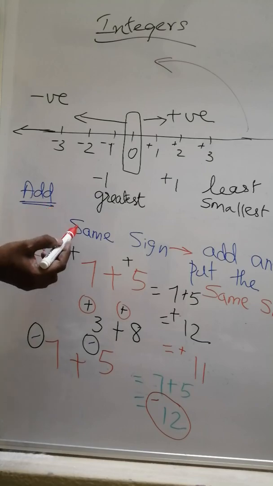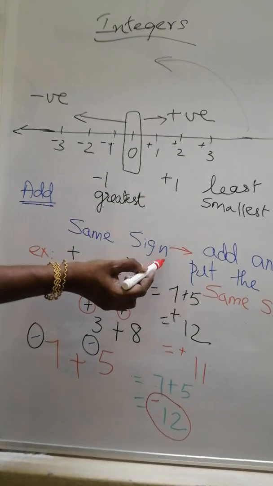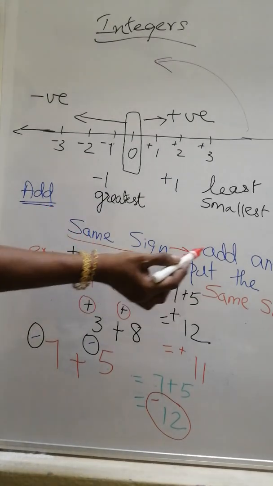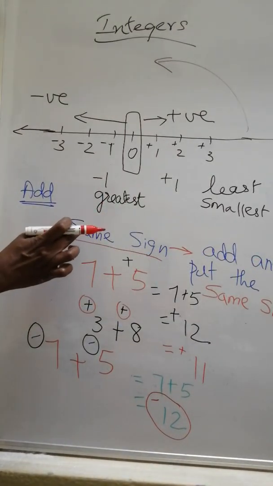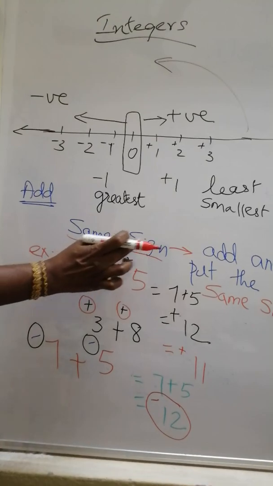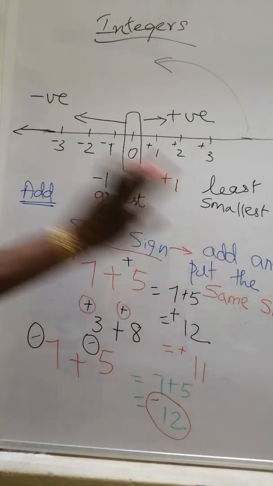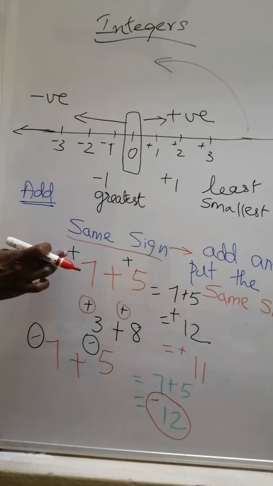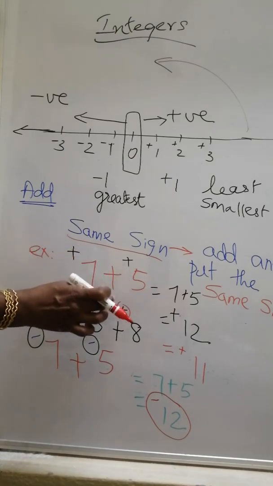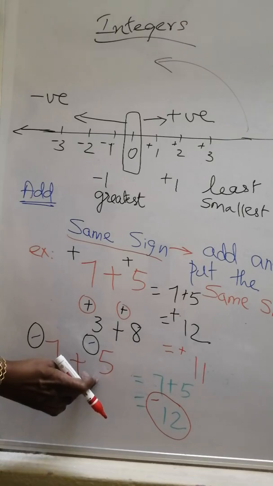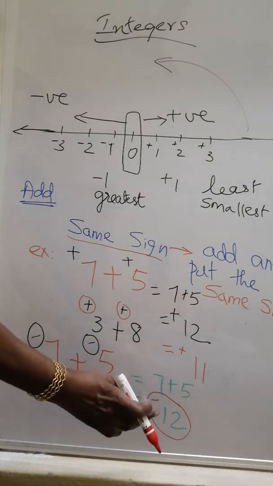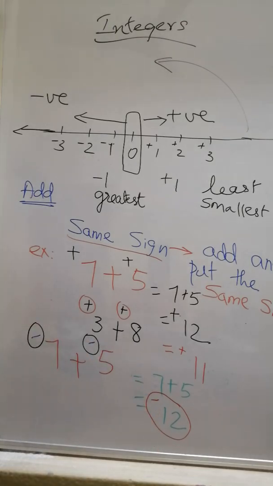While adding, if the numbers have the same sign, add and put the same sign. Remember this sentence? Same sign, add and put the same sign. That is positive 7, positive 5 added will give you positive 12. Negative 7, negative 5 added will give you negative 12.